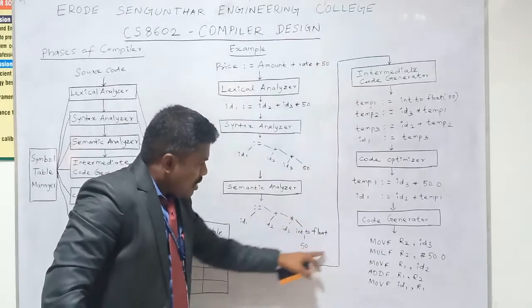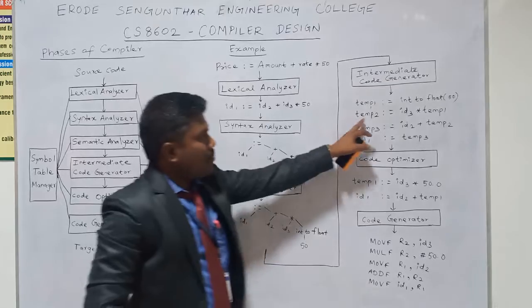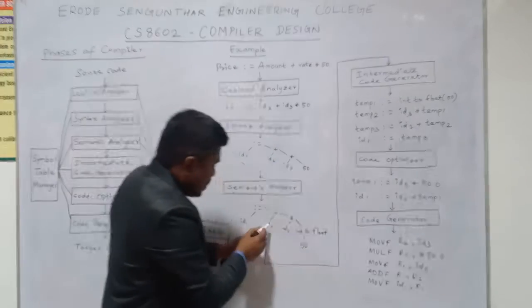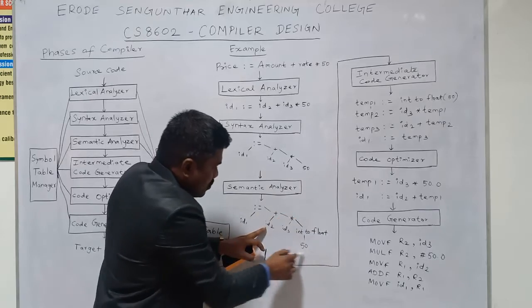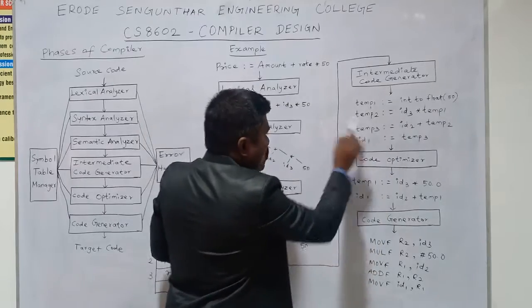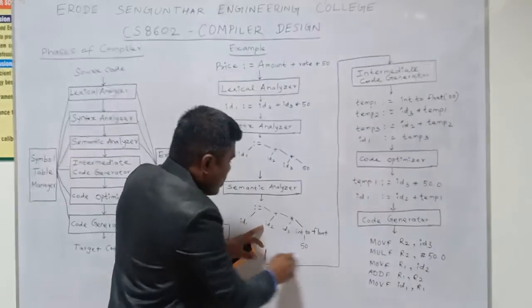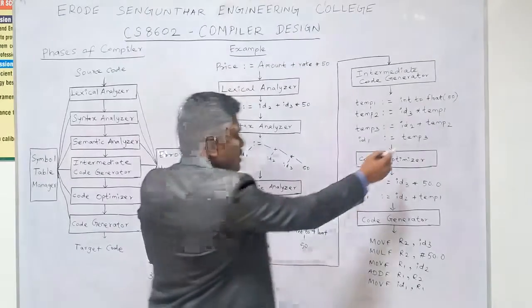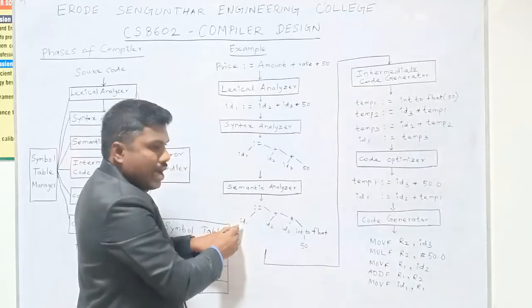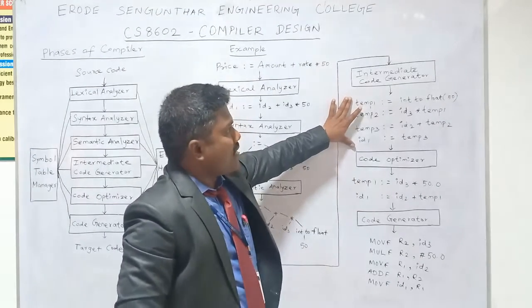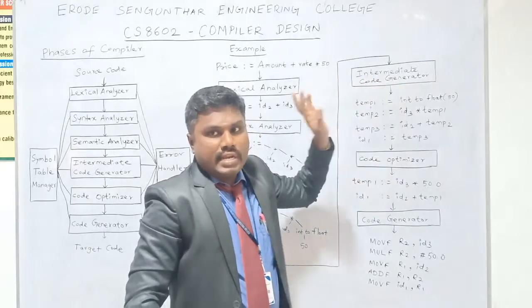So this total portion we are detecting as temp2. Now, temp2 plus id2 is assigned to temp3, another variable. Here, this full portion we are detecting as temp3. This temp3 we are assigning into id1. So, this is the intermediate code generated by intermediate code generator.